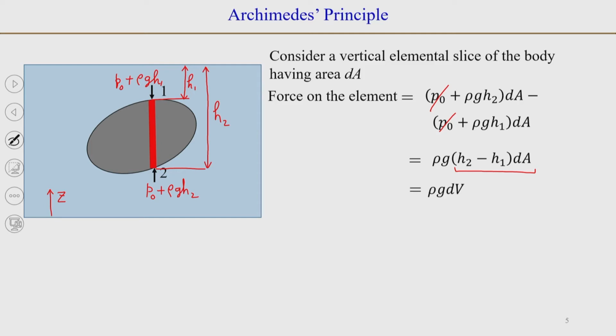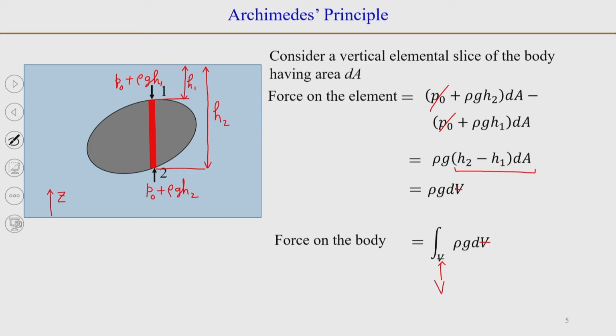So, that will be equal to rho g times the volume of this body, and so the force on the body is the integral of rho g dV. Okay. So, we will use V with a strike through for volume, because we also use V for velocity. In order not to confuse ourselves, we will use V strike through as the symbol for volume.